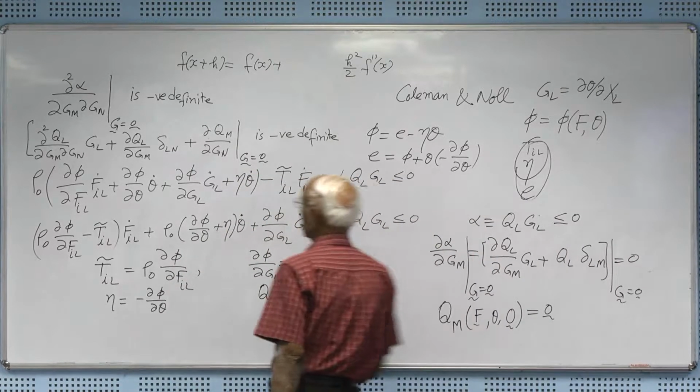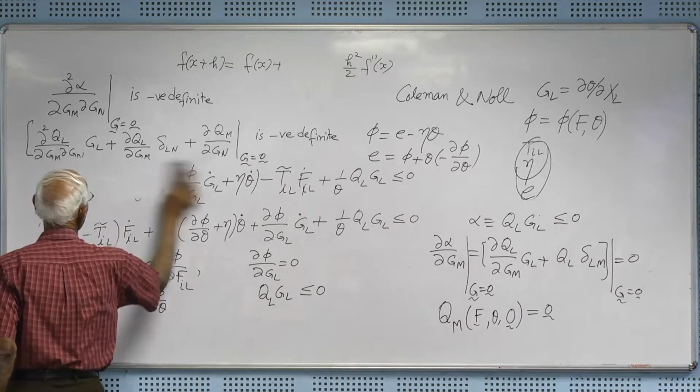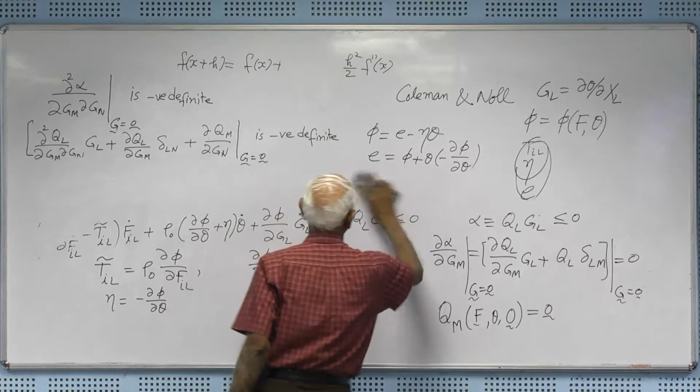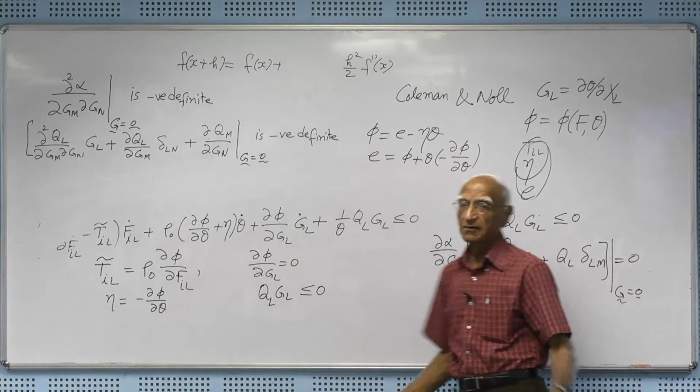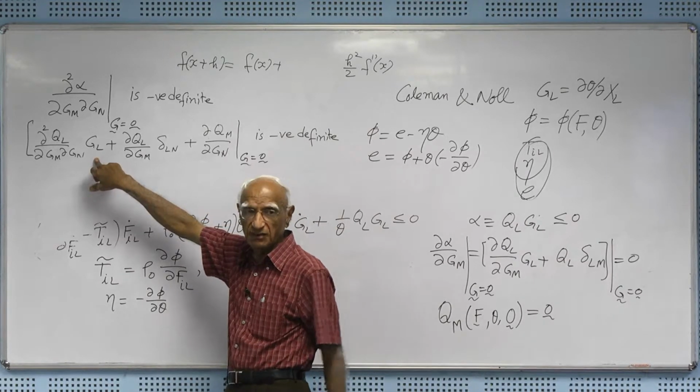So now we are getting somewhere. What will happen? When we set G equal to 0, this term will go away.